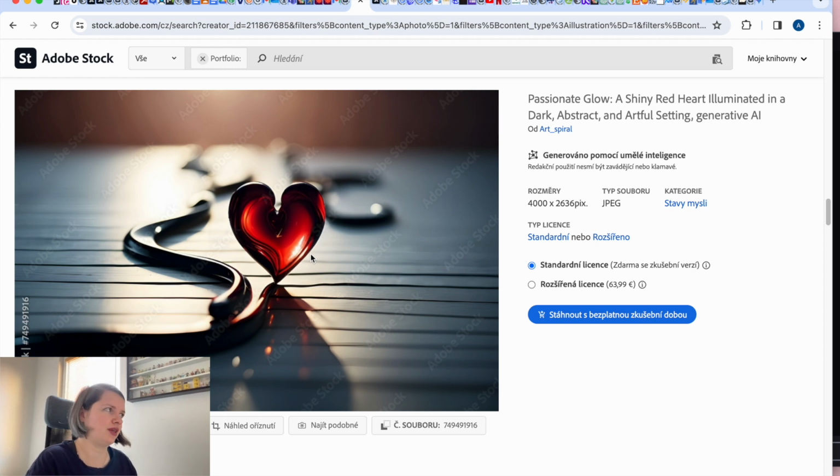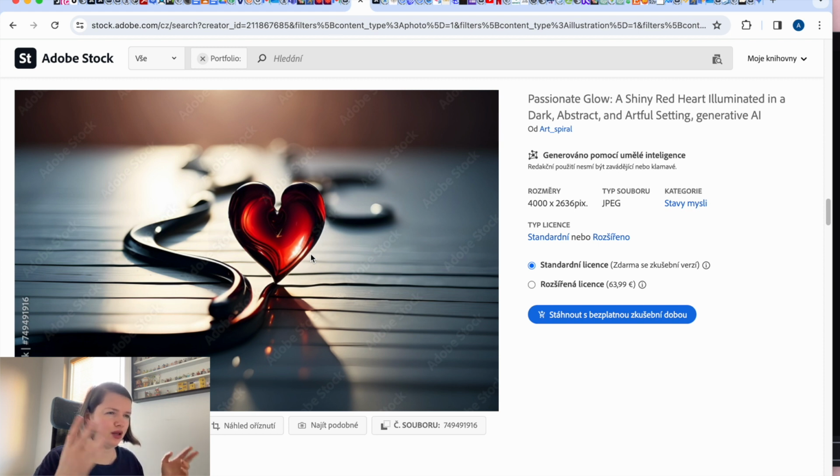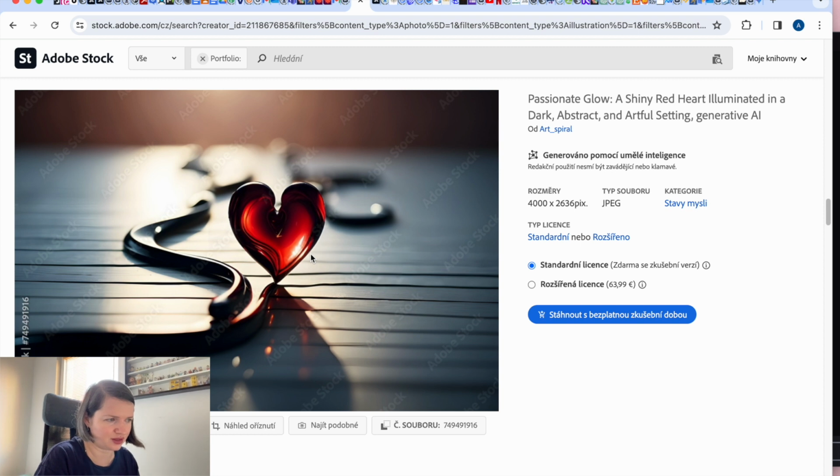Of course, there is great competition with a red heart on a red background, but I think it's better than doing something that is supposed to be artistic, but doesn't look artistic. It doesn't look like anything, and I cannot imagine that people would want to spend their money on this image.